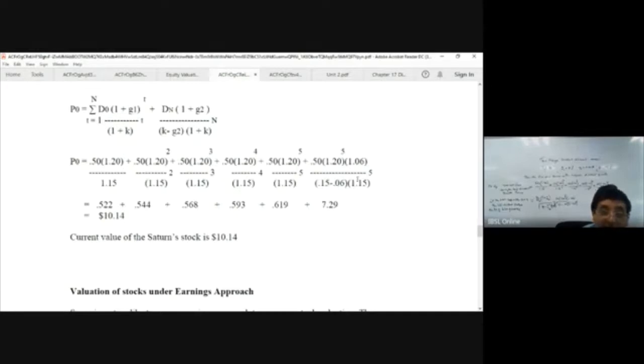And in order to put it into the present value, it has to be divided by 1.15 to the power 5. And that comes to 7.29. And if you take all these things together, the total comes to 10.14. The current value of the Saturn stock is $10.14.